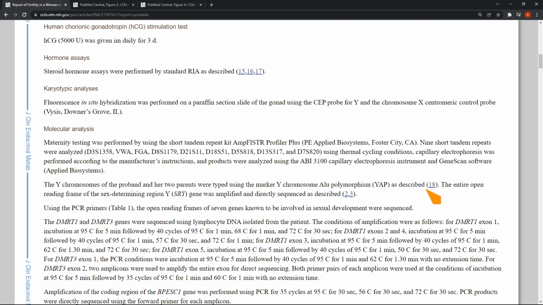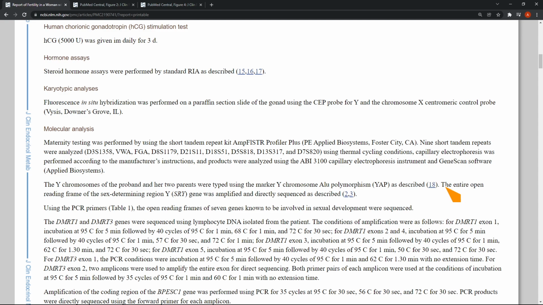And the Y chromosome, as we understand, is inherited from father to son, typically. In this case, it was from father to daughter. Cool. But this is just another gene that we can look at to determine where this person's Y chromosome came from.